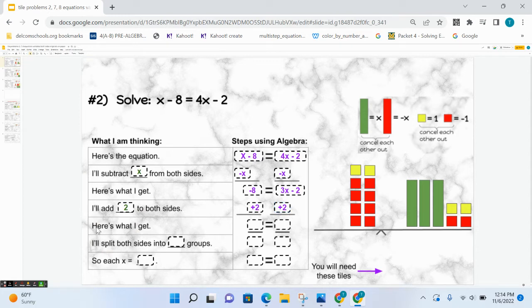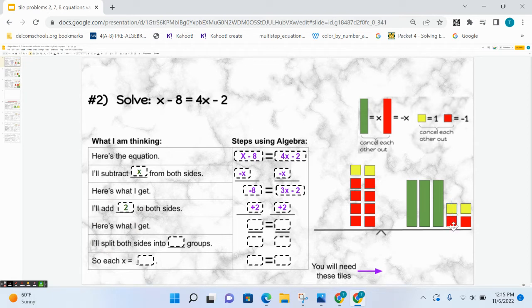Now it's going to say number 5 on your paper. Here's what I get. But before I write anything, let's get rid of these 2 positives and 2 negatives on the right side. Because the big idea, guys, a negative charge and a positive charge cancel out.